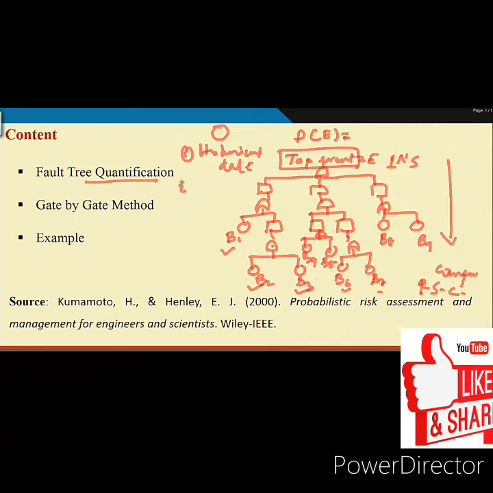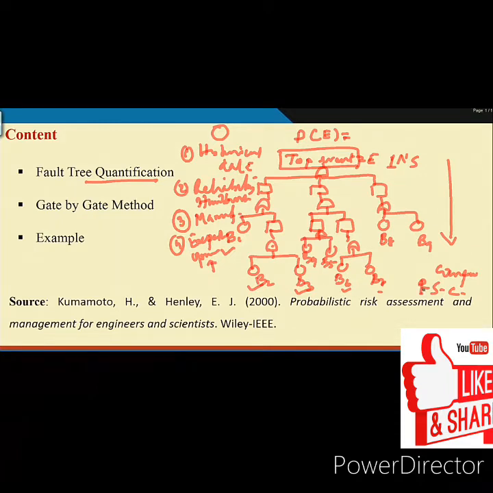Number 2 can be a reliability handbook. Number 3, maybe your manufacturer will specify, manufacturer specification. Number 4, in many cases you rely on expert opinion. Expert opinion can be subjective in nature, but the probability can be objectively quantified.